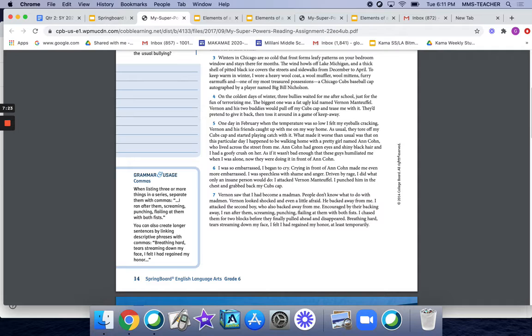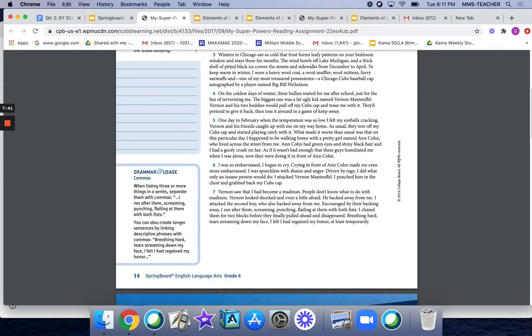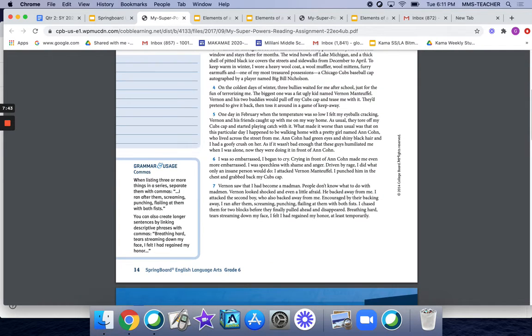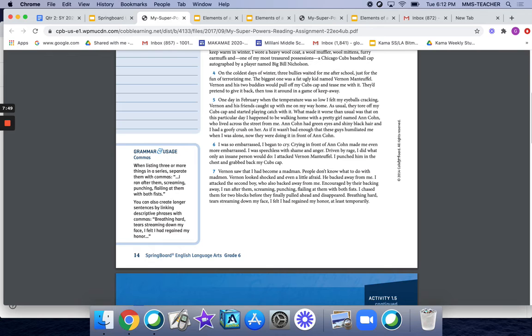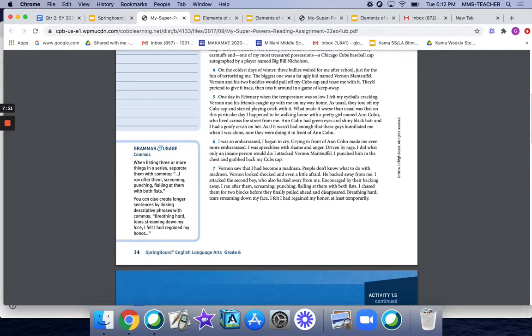I was speechless with shame and anger, driven by rage. I did what only an insane person would do. I attacked Vernon Montufo. I punched him in the chest and grabbed back my Cubs cap. Vernon saw that I had become a madman. People don't know what to do with madmen. Vernon looked shocked and even a little afraid.